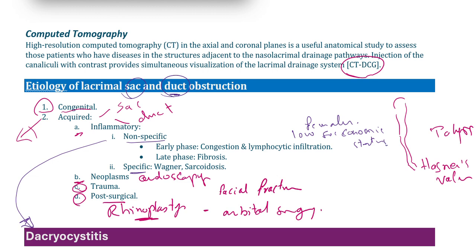This inflammation happens in the area beneath the sac, in the upper nasolacrimal duct. It starts in the early phase by vascular engorgement, congestion, and lymphocytic infiltration. With recurrent inflammation, the late phase involves fibrosis and stenosis of this segment.